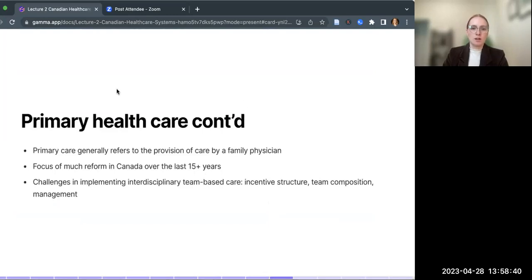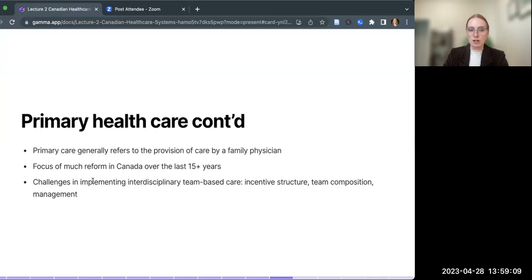Generally it's kind of referred to more by the care of the family physician, but as we're seeing nurse practitioners become more prevalent in the community, and as I said, we're seeing more of a move into interdisciplinary team-based care, kind of moving away from that traditional definition of the family doctor as the only provider of primary care. And so it's been a major focus of reform in Canada over the last 15 years.